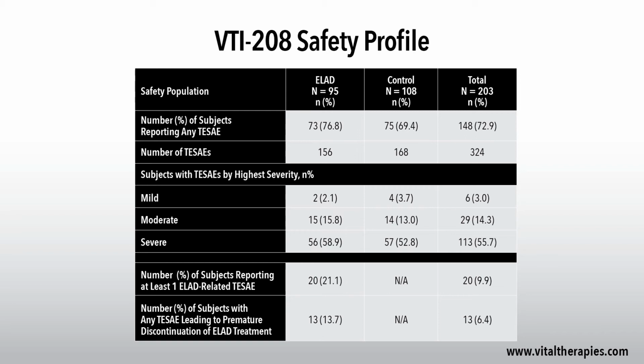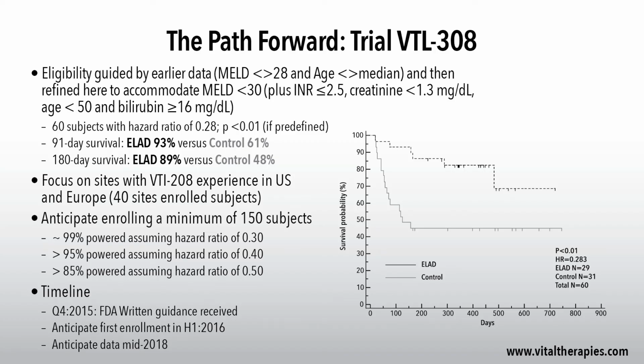Understanding these factors, we can find out the safety of the ELAD, find the cohort of patients we can treat successfully, and from there develop what we're looking for today, what I call the trial VTL 308. This is a multicenter, multinational trial.